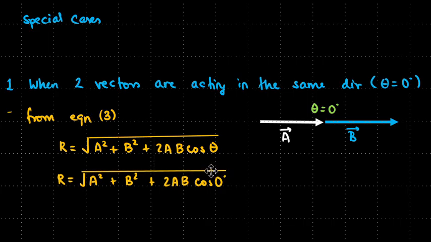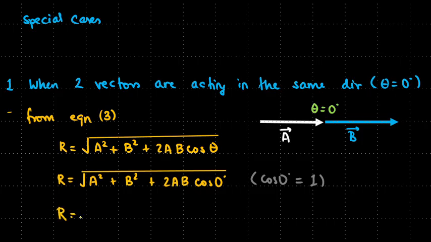Cos 0 is just 1, so this part is just 1. So let's write it over here. Cos 0 degrees is 1. So now we just have a square plus b square plus 2ab.